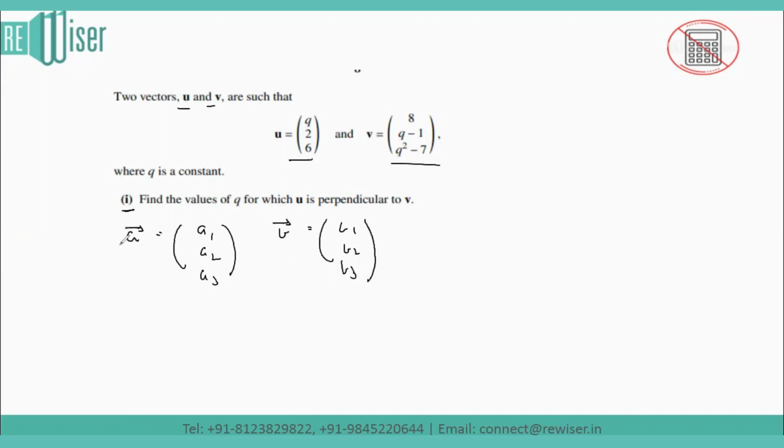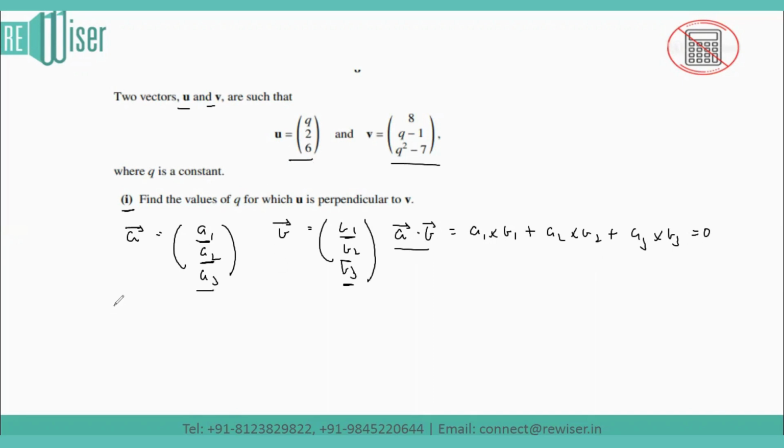To prove that these two vectors are perpendicular, the condition is that the dot product a dot b, which is a1 into b1, plus a2 into b2, plus the z components a3 into b3, should be equal to 0. That means the dot product between the two vectors should be equal to 0.